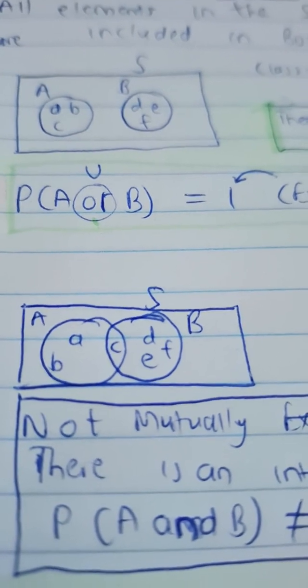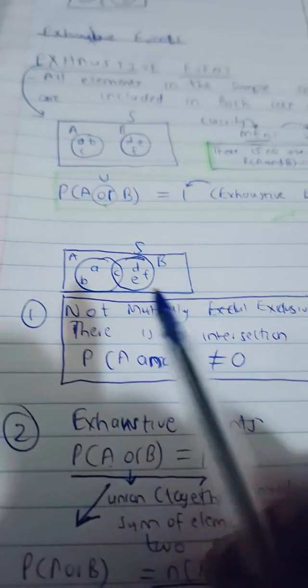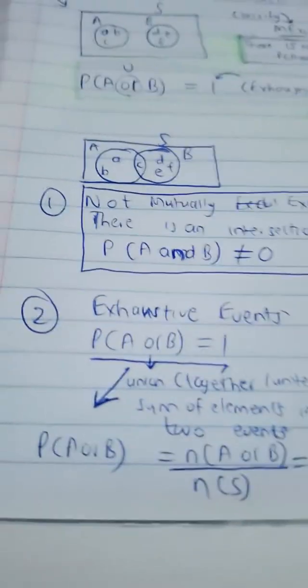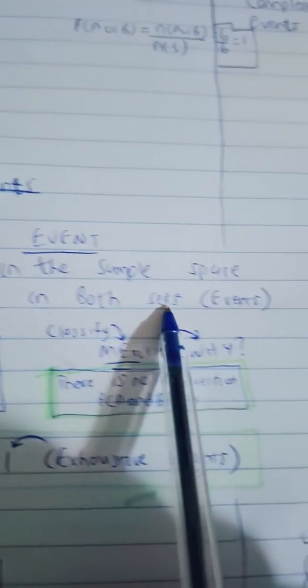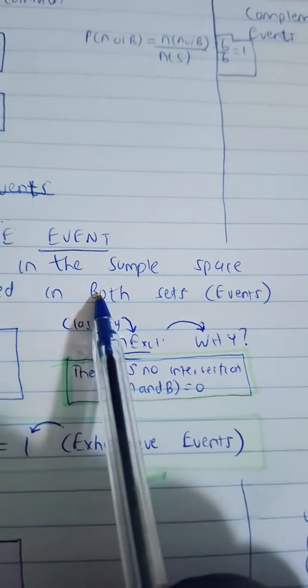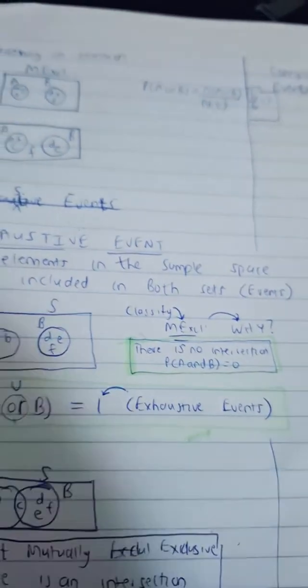Okay. So the probability of A or B, even in this scenario, gives us 1. Which makes sense, because these are exhaustive events. As long as all elements in the sample space are included in both the sets, then we say the events are exhaustive.